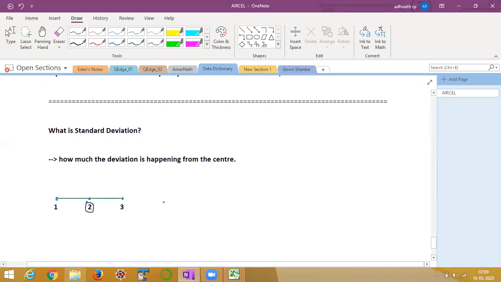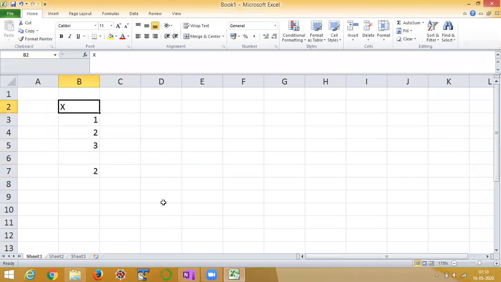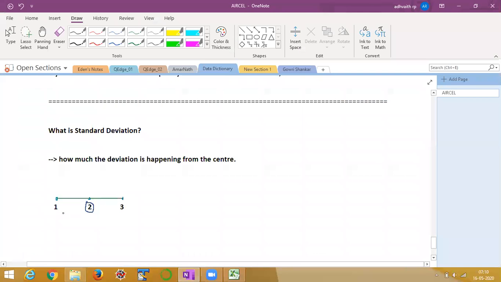So what I am going to do is subtract my average values. From each point, what is the difference from my average?